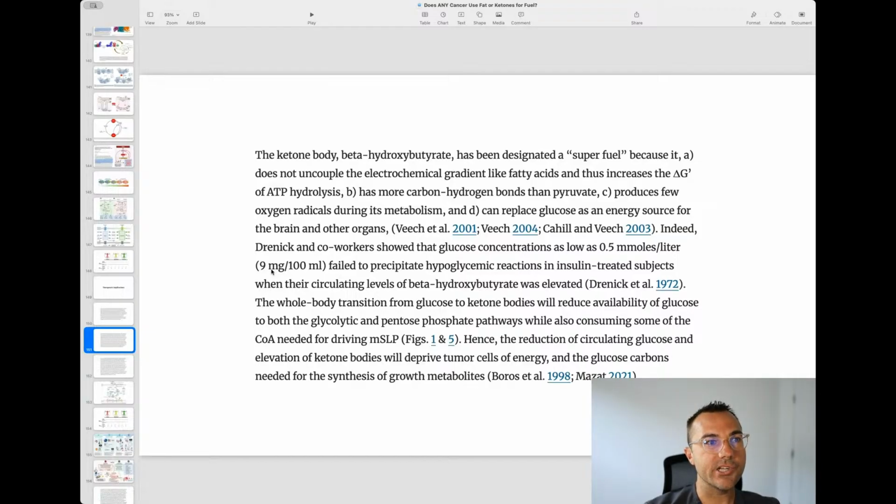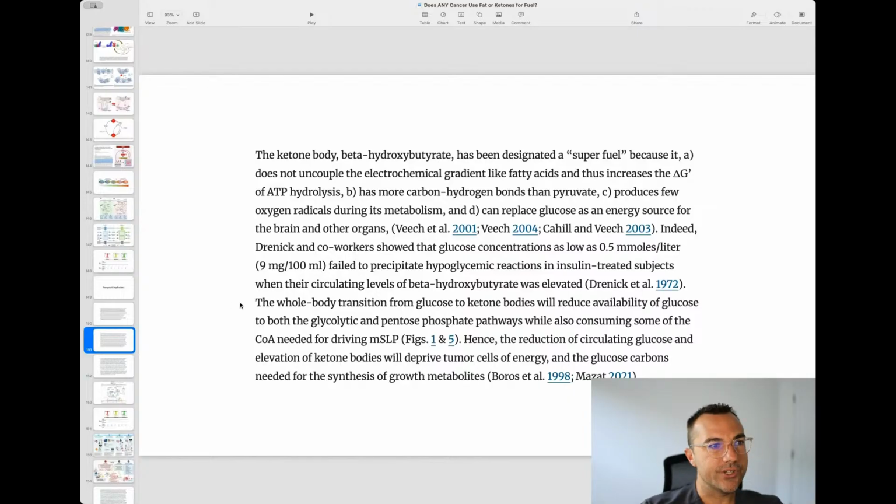So they're in bad shape. So when I see a number like that, I'm just frankly shocked that it is even possible that humans, as long as they have high levels of ketone bodies, can tolerate that and not show any hypoglycemic symptoms. That is very hard for me to believe, but Drenick et al. in 1972 apparently found that.